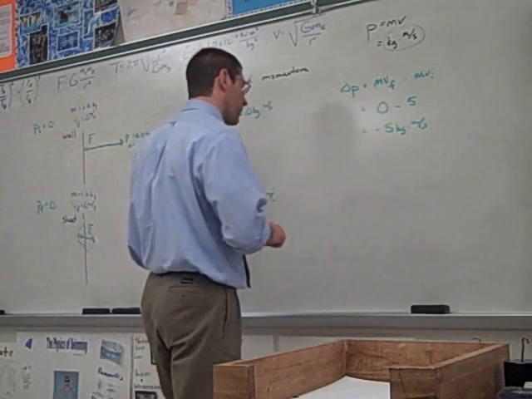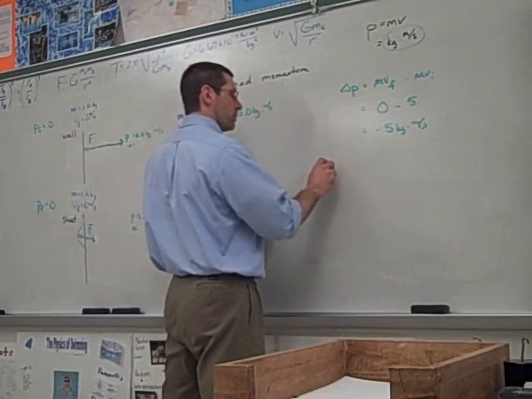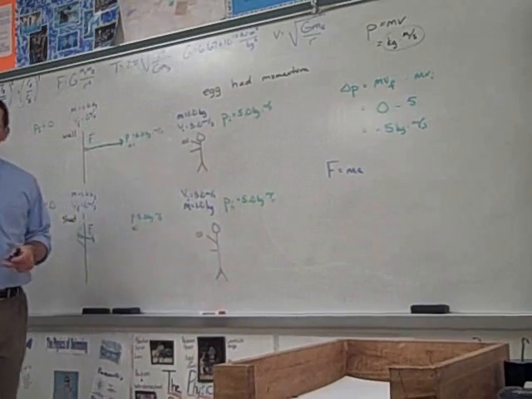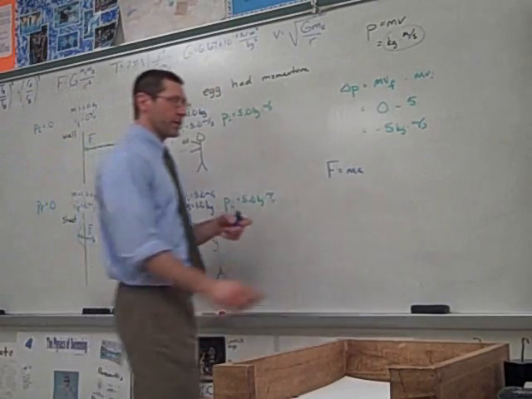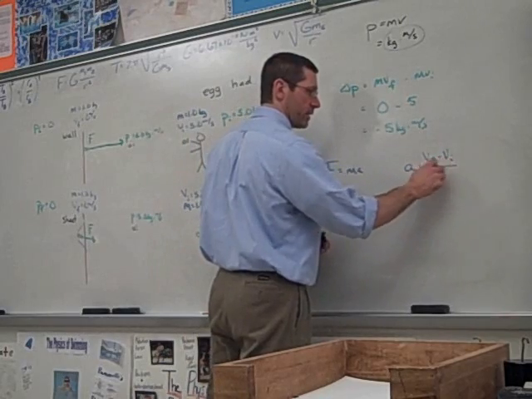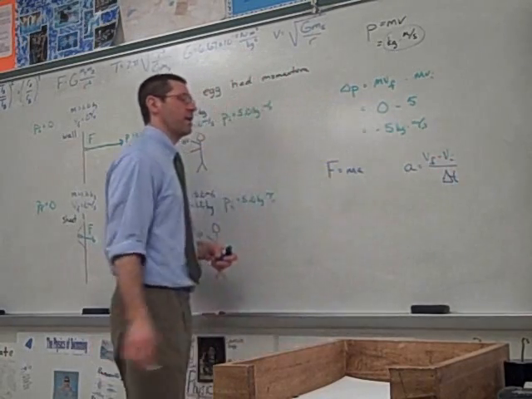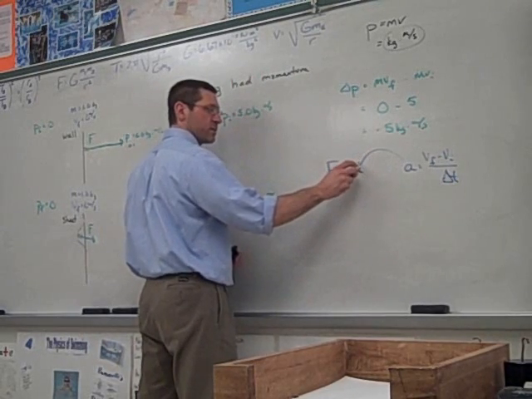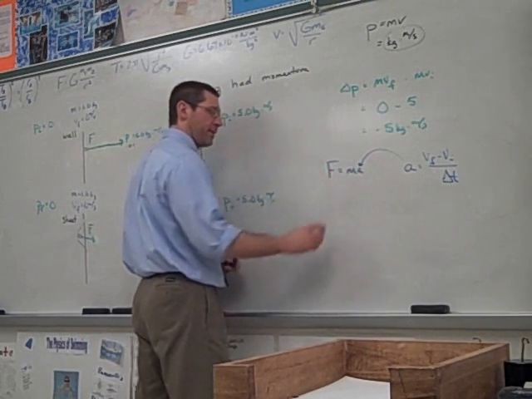Now let's look at something else. There's Newton's second law, F equals ma. Now we don't want to talk about acceleration anymore, so let's look at acceleration in terms of what it is, which is a change in velocity with time. We're going to combine the kinematics with Newton's second law.